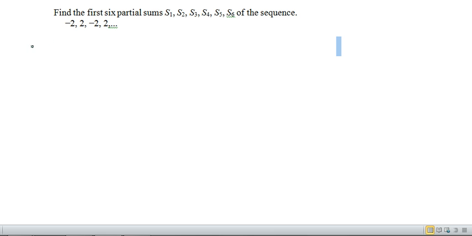And so I'm going to write out the first 6 terms here, because in order to find the 6th partial sum, you add up a sub 1, a sub 2, a sub 3, a sub 4, a sub 5, and a sub 6.